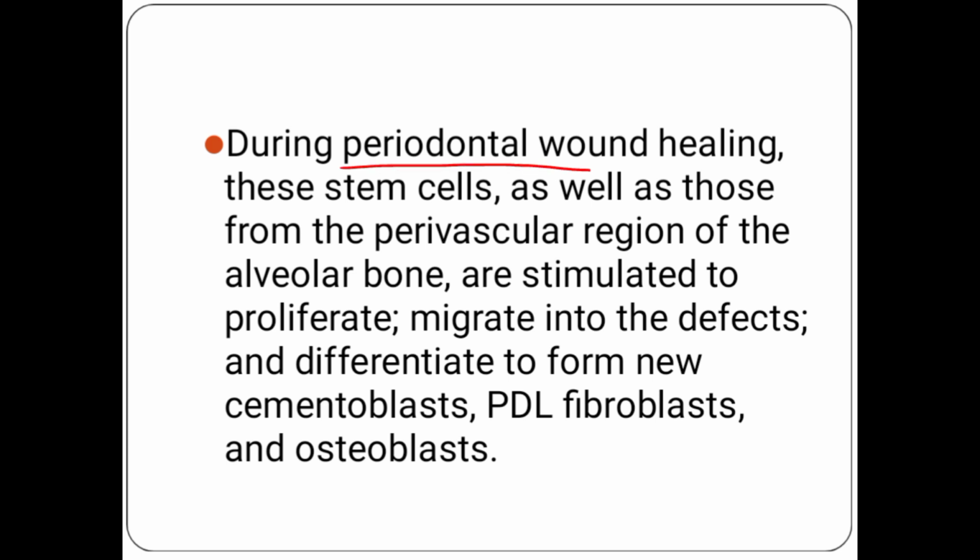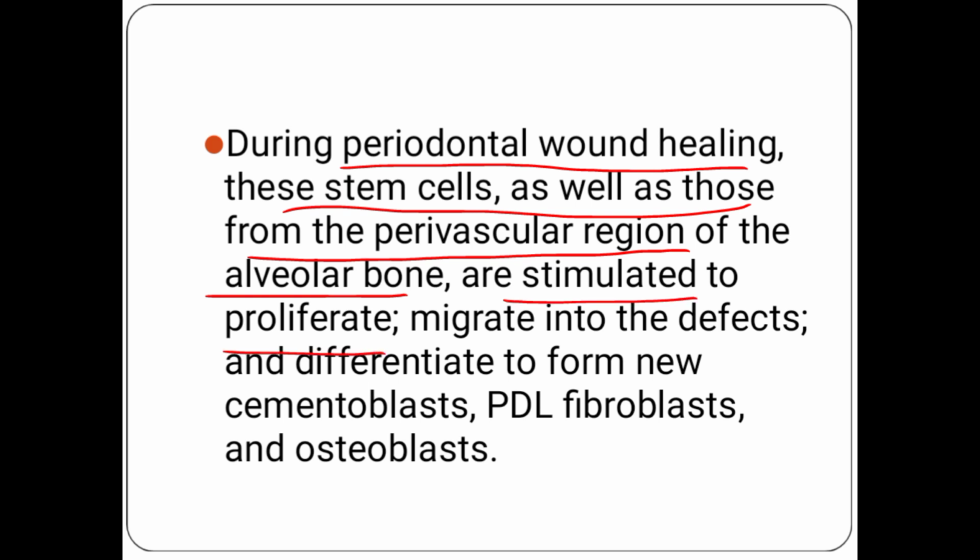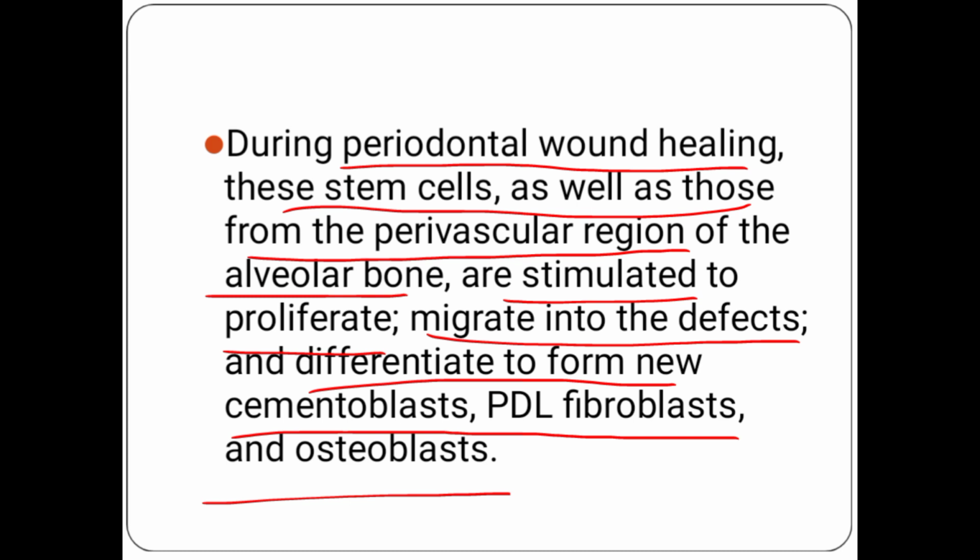During periodontal wound healing, these stem cells, as well as those from the perivascular region of the alveolar bone, are stimulated to proliferate, migrate to the defect area, meaning they will divide and move to that damaged area, and then differentiate to form new cementoblasts, periodontal ligament fibroblasts, and osteoblasts.